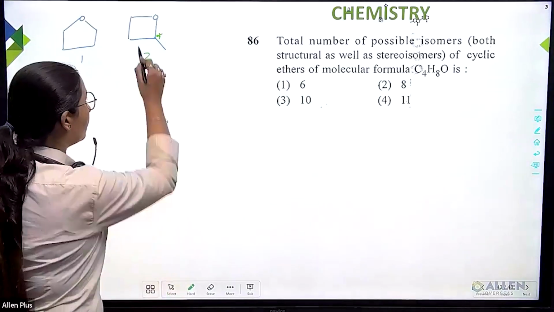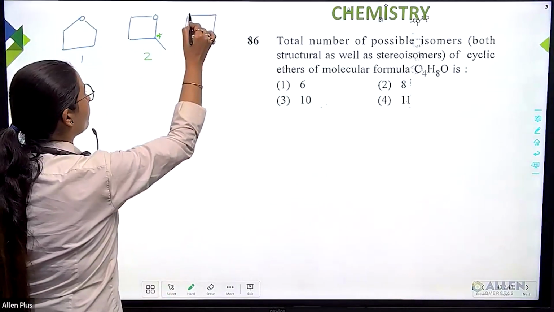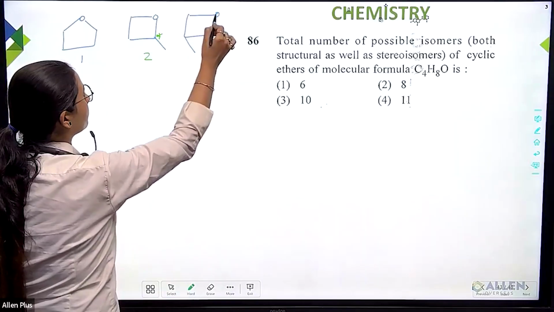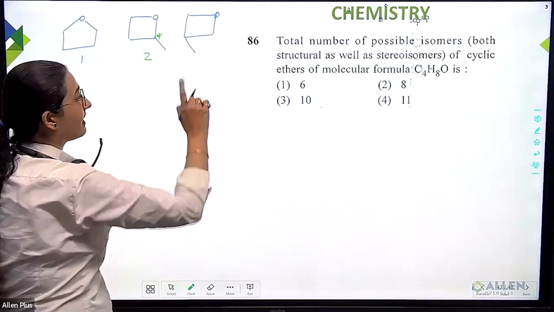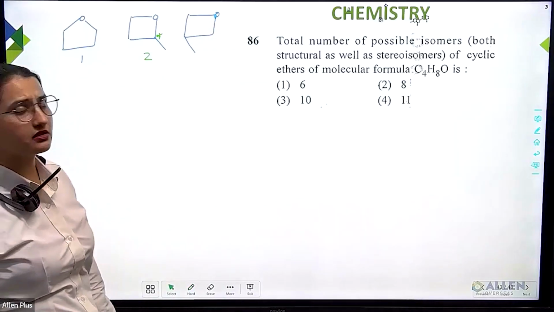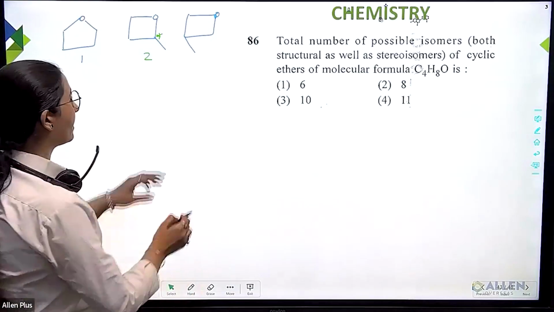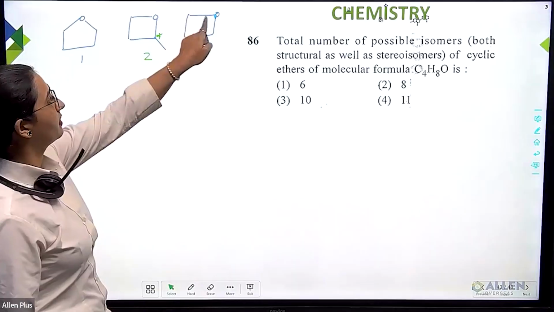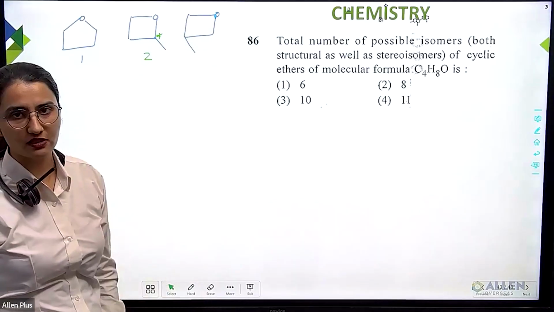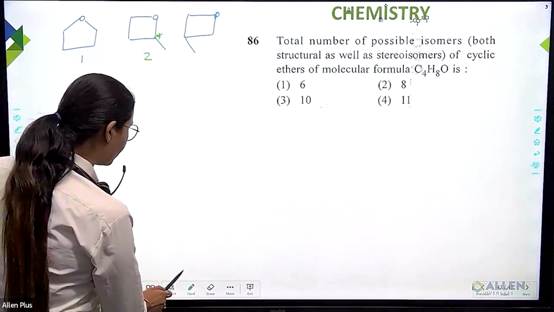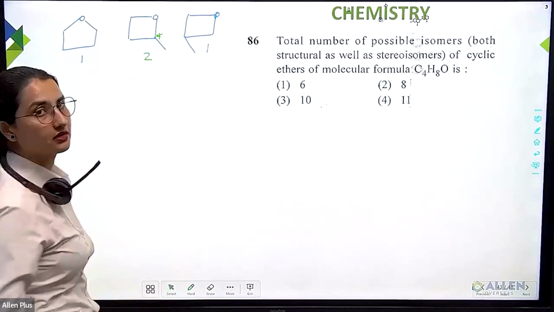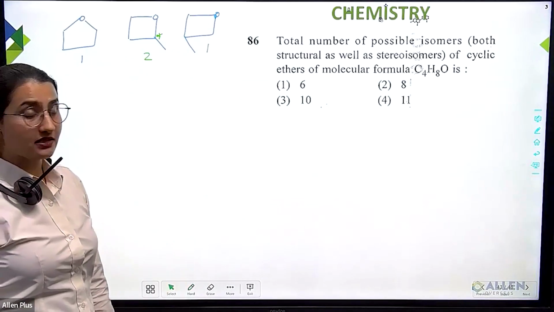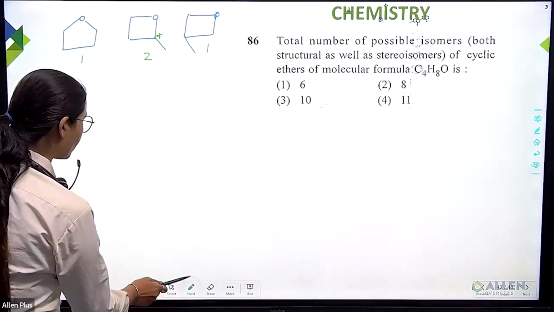Next, one more possible, of a similar kind. When I put the methyl group here, is it chiral? No. Why not chiral, students? Because on this side carbon, O, there is a plane of symmetry. It's not chiral. So for this, I will have 1 isomer. Right? Let's move now to the 3-membered ring.